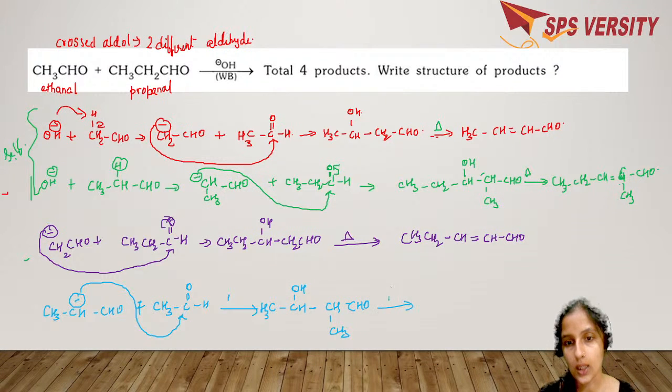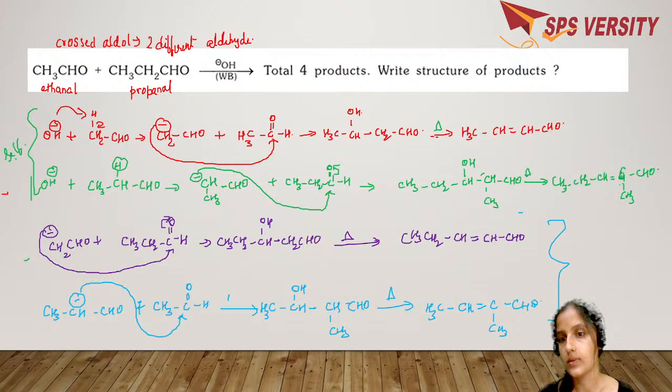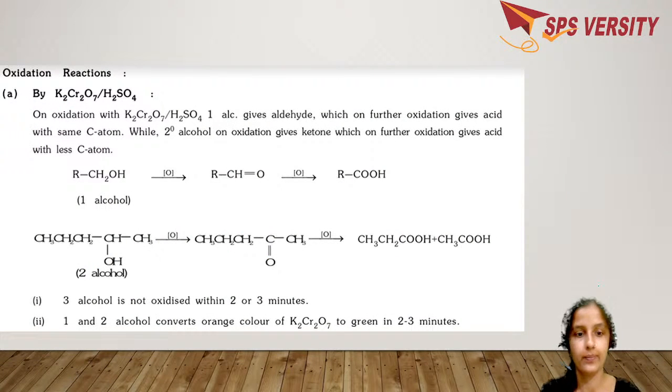Now on heating, this will lose a water molecule, resulting in the formation of CH double bond C CH3 and CHO. So if you see, none of the products are of the same type, right? So these are the crossed products. So two self-condensation products and two cross products will be obtained in this aldol condensation. Then we move on to the next reaction.